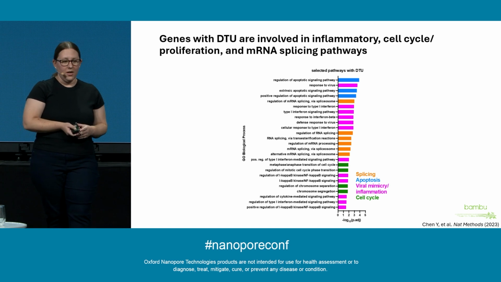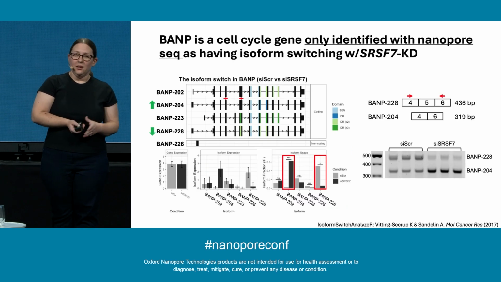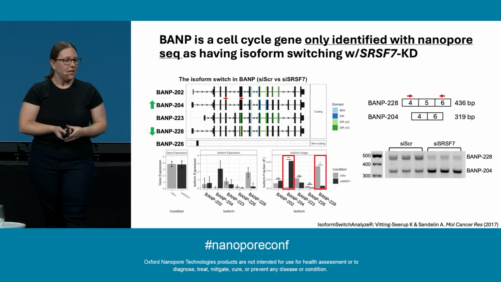So I just want to give one example of a gene we found that was in a cell cycle pathway called BANP. And interestingly, when we did the same analysis in our short read, we didn't find this gene. So this was only found with our long read sequencing data. And we used this package called IsoformSwitchAnalyzeR, which helps predict isoform switches, as well as any potential functional consequences of this.